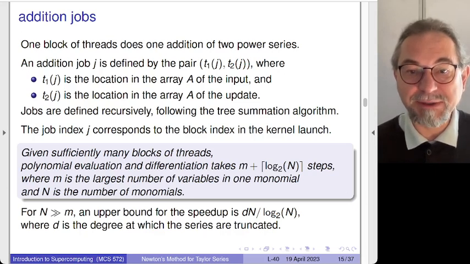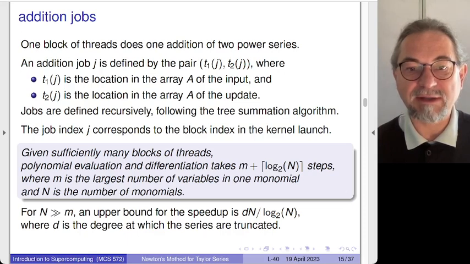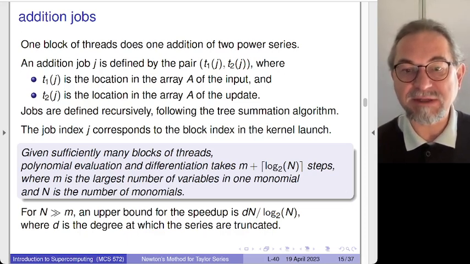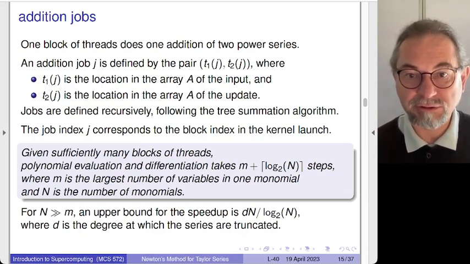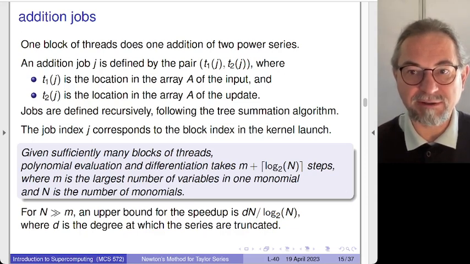So the speedup would have this factor d times n. I'm assuming here that all the convolutions are absorbed by the sufficiently many parallelism.